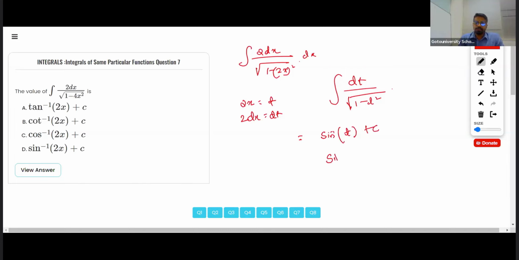And t is nothing but 2x. Yes, we need to have 1 by a, but a is equal to 1. That's why it is simply sine inverse of 2x plus c, where c is an arbitrary constant, which is simply option D. Right? Let's go to the last question.